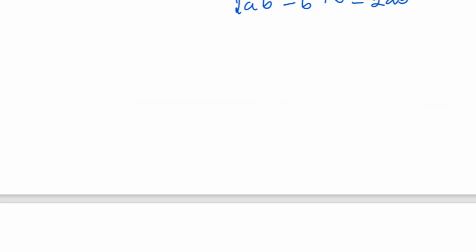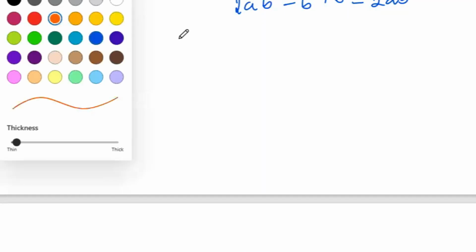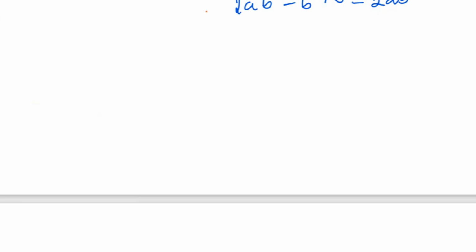So what we're going to do, when you're grouping, is just take 2 terms. I'll consider the first 2, put brackets, and then do the same with the last ones.